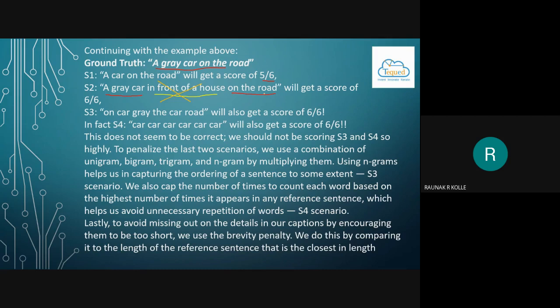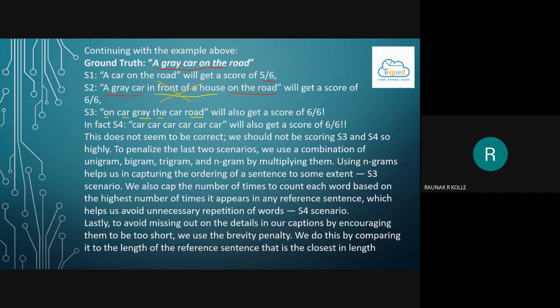But if we notice carefully, sentence 3 and sentence 4 are not exactly right. Sentence 3 has the majority of the words correct, that is car, grey, on, the, and road are correct.